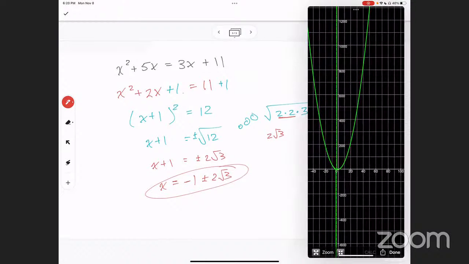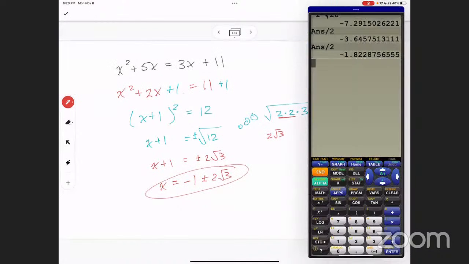Can I show you a little trick about checking your answers too? Yeah. All right, watch what I do. Can you see my calculator? Yeah. I'm plugging one of these answers in: negative 1 plus 2 square root of 3. And I'm going to store that. Do you see the store button in the lower left corner right above the question mark?